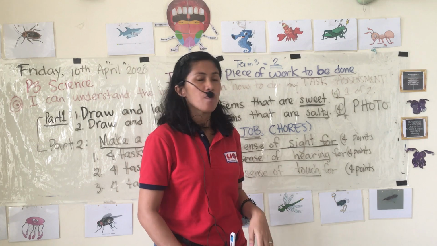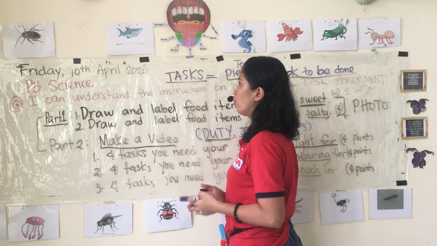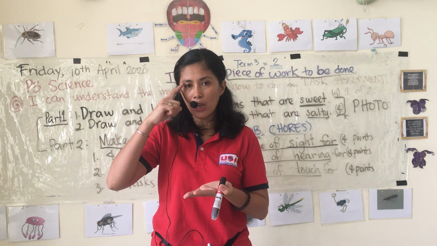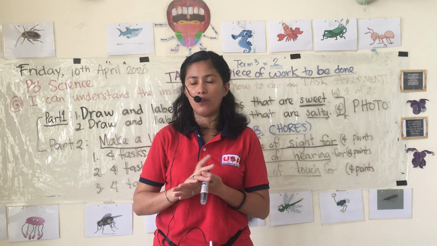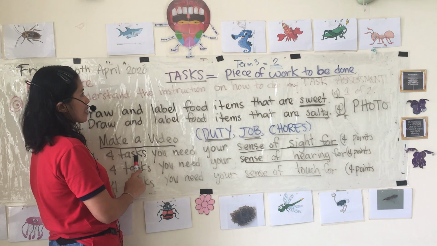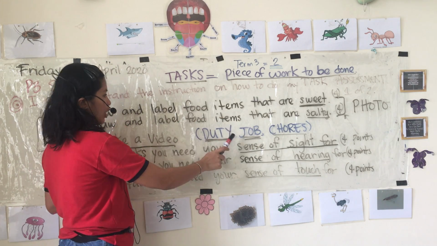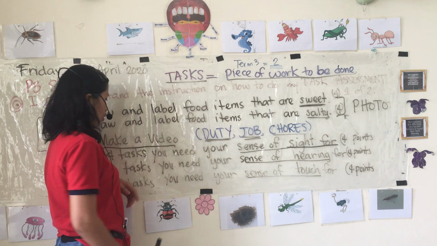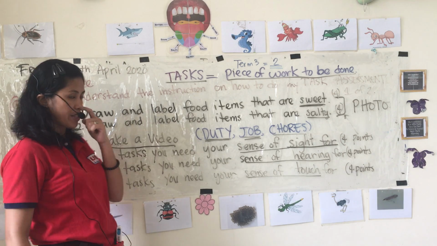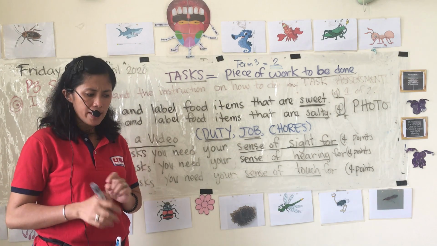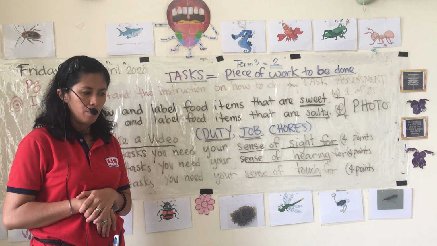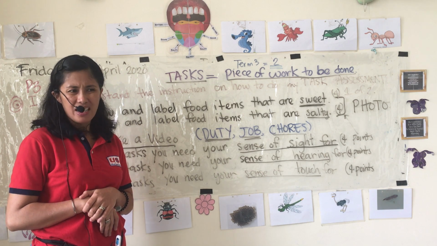For example, if I am going to wipe the dishes, I use, for example, task, again task, piece of work, a job, or a chores. So for example, for task of sense of sight, I'll say, what task do I use my sight for? What job do I need my sense of sight for?